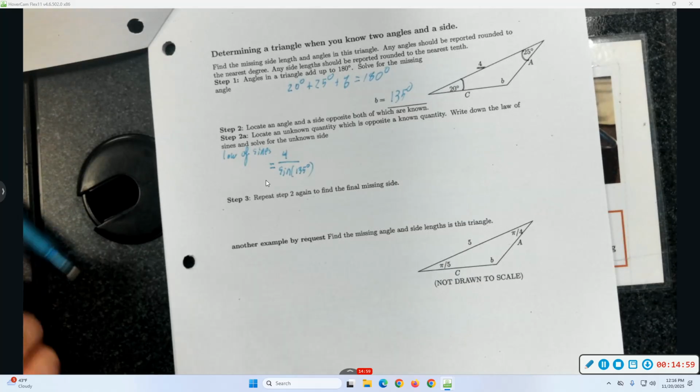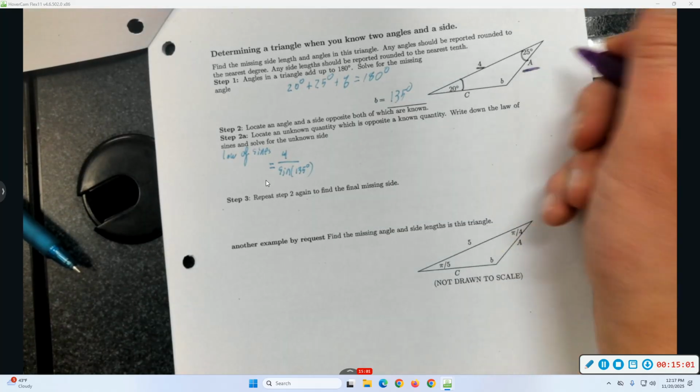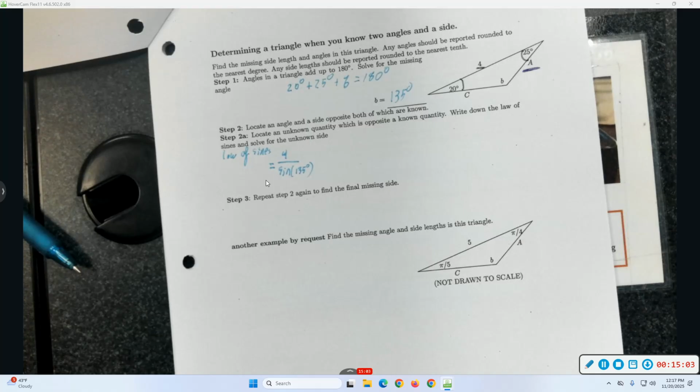And let's suppose you wanted to know the side length A. What equation could you write down because of the law of sines now? Sine of 135 over 4 equals sine of 20 over A. Yeah, nice.